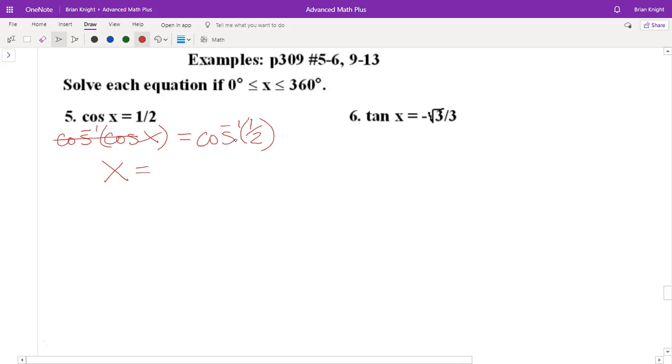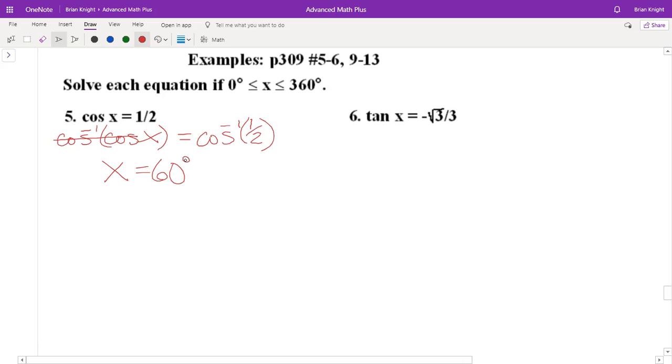What is the inverse cosine of 1/2? 60 degrees. What does that mean? That means if I take the cosine of 60 degrees, I'm going to get 1/2. But that's not the only angle that has a cosine of 1/2 between 0 and 360.